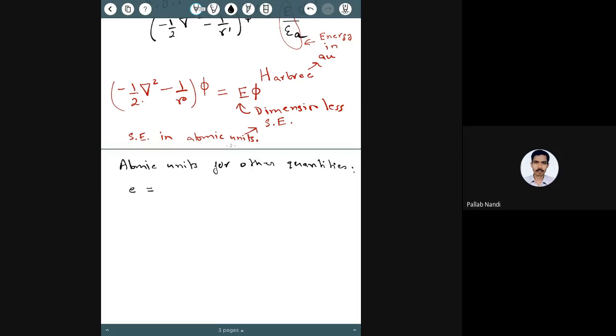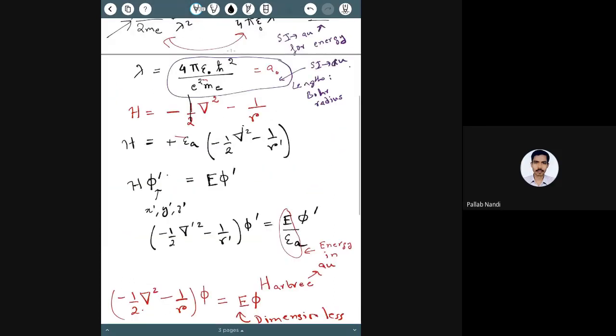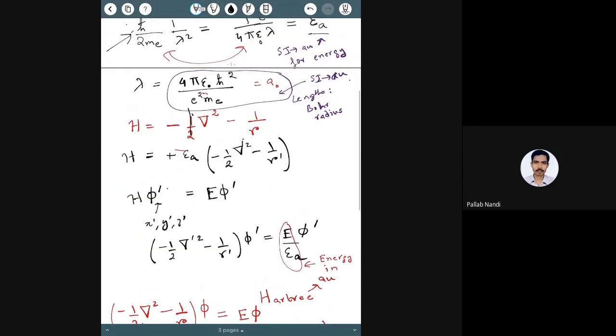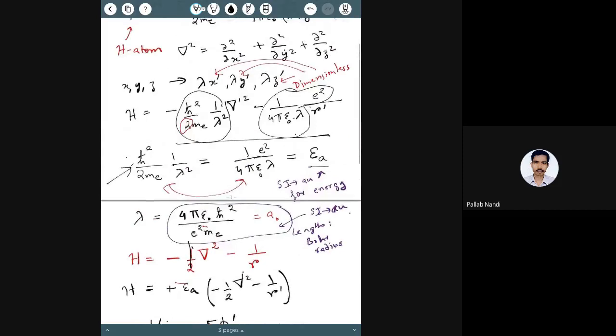The charge of the electron is considered to be 1, h cross is considered to be 1, me is considered to be 1, and 4 pi epsilon 0 is also considered to be 1. And these are consistent with the criteria we have used to determine the conversion factor for length, which is this one.